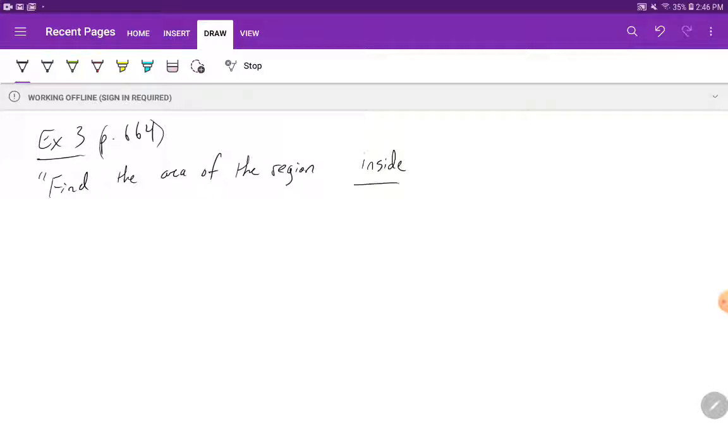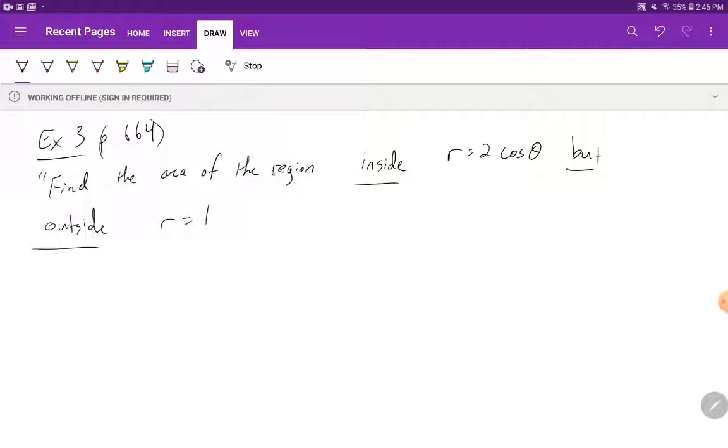Okay, so watch out for these keywords. Inside r equals 2 cos theta. But outside r equals 1. All right, outside r equals 1. So you can definitely expect a problem like this level on your midterm and stuff. But in the fall, they might do more complicated other polar functions.